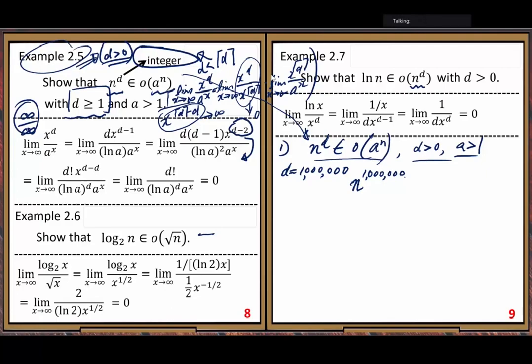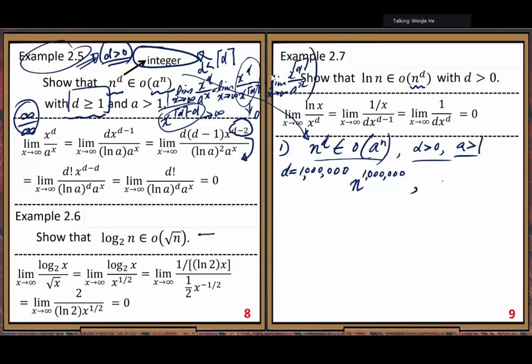Then I will ask you to compare the order of growth, how fast this function grows, with another function.